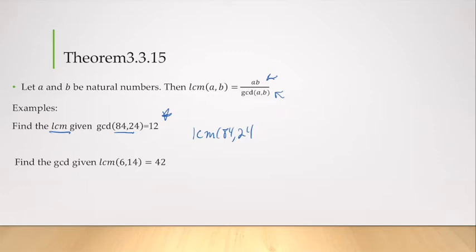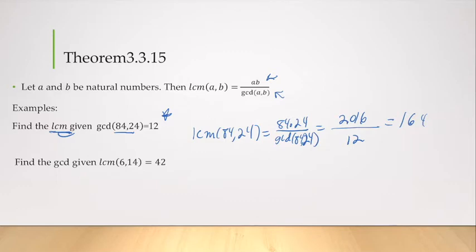What I'm going to do is take A times B, so 84 times 24, over my GCD of 84 and 24. That's going to give me 2016 over 12, which is 164. So the least common multiple of 84 and 24 is 164.